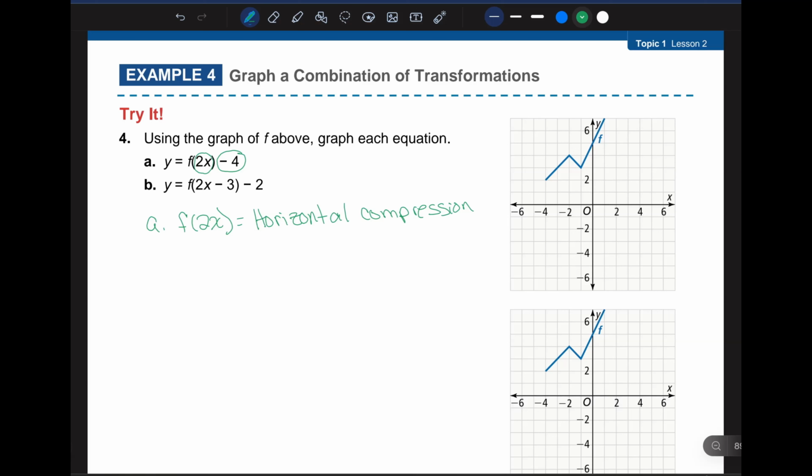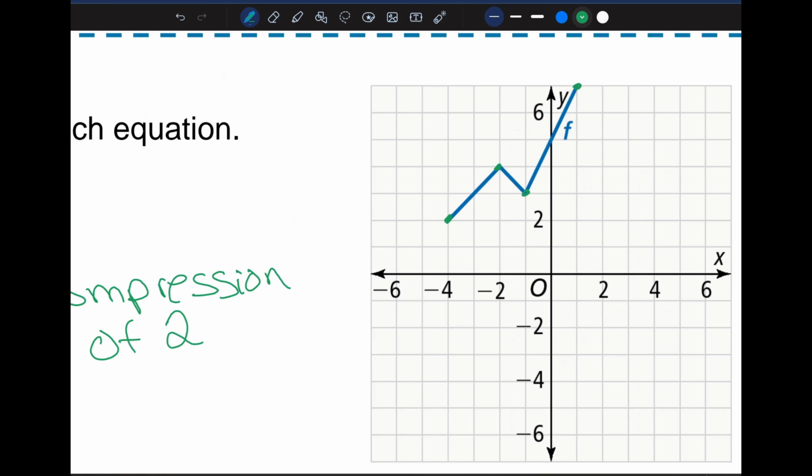Instead, I'm doing the opposite, and I'm going to be cutting them in half because it's a 2. So instead of multiplying by 2, I'm going to multiply by 1/2. So again, if you need to write down these points and then multiply your x values by a half, you can do that. I'm just going to half them.